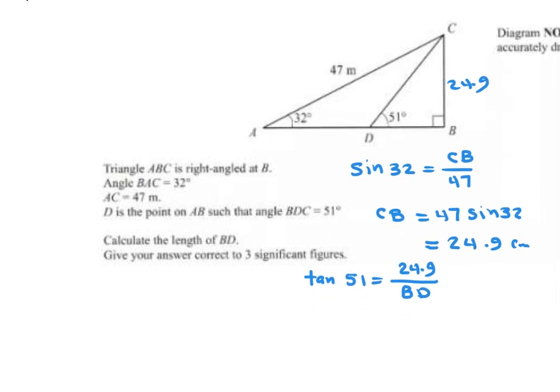Now, if we have BD as the denominator, we can switch between tan 51 and BD. So BD equals 24.9 over tan 51, which equals 20.2 to 3 significant figures.